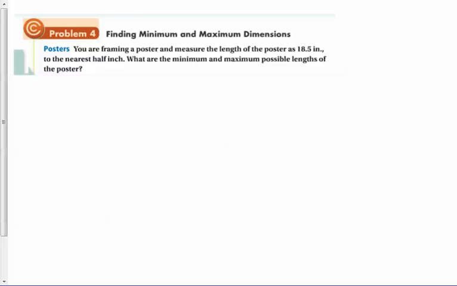Last problem, or actually second to last problem. Finding maximum and minimum dimensions. You are framing a poster and measure the length of the poster as 18.5 inches to the nearest half inch. What are your minimum and maximum possible lengths of the poster? Well, let's see.